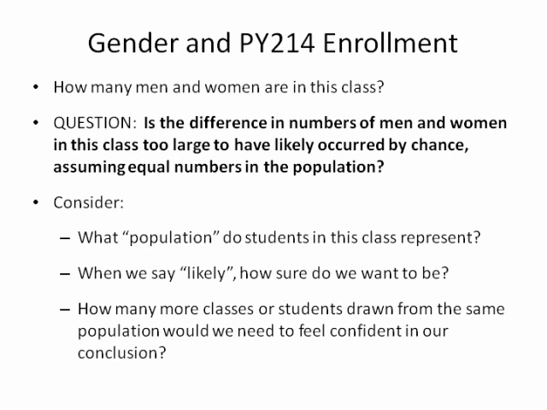When we said likely above, so is the difference in this class too large to have likely occurred by chance? How sure do we want to be? With what confidence level do you want to proceed? Do you want to be 95% confident that the difference is too large to have occurred by chance? What about 99%?